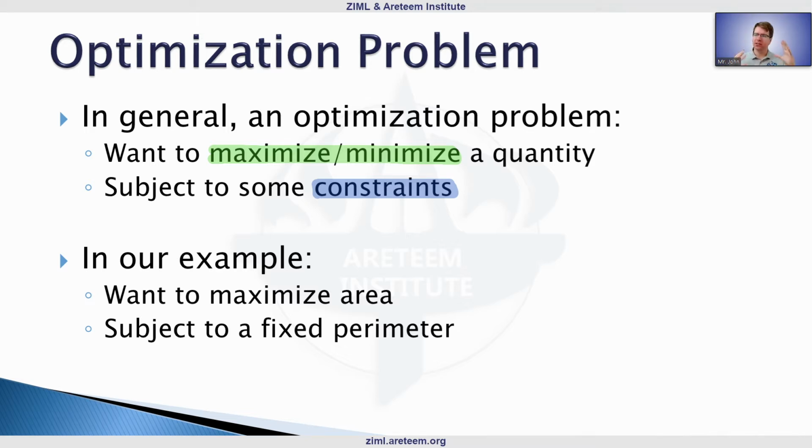Right, and so these are where you start to see how this might come up in a lot of different fields. In fact, in economics, business, right, you might want to maximize profit. You might want to minimize the costs of something. And then you're going to have all of these constraints about how much money you could spend, or how much time you have, or different logistical things that way as well.